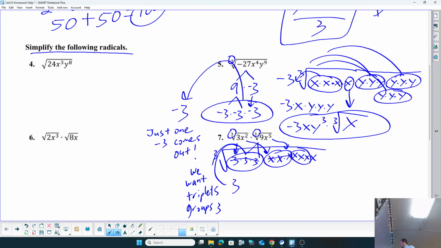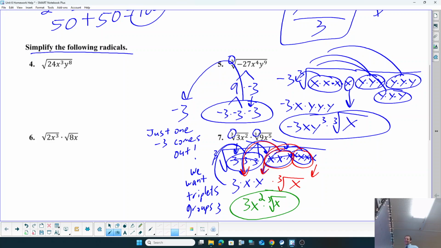And then we have another one and another one, so that's 2 more. So this group comes out there. This group comes out there. And we still have one left. So our final answer there is 3x squared times the cube root of x.